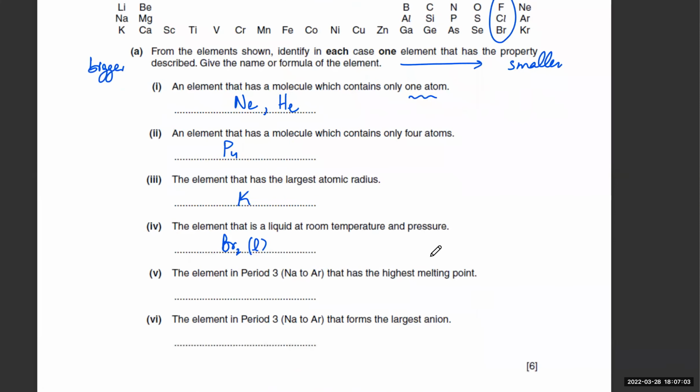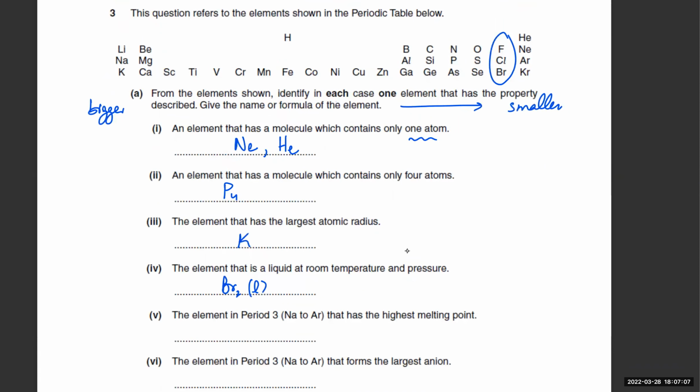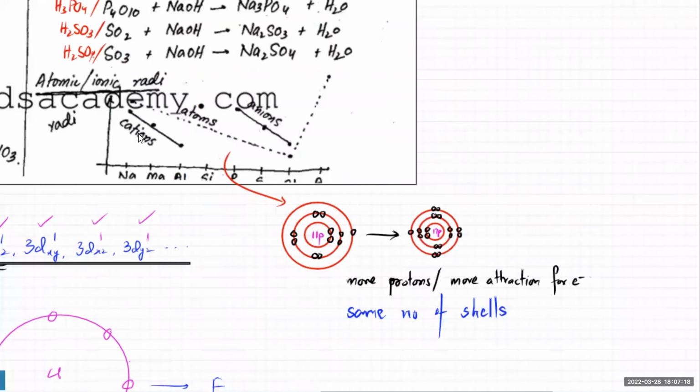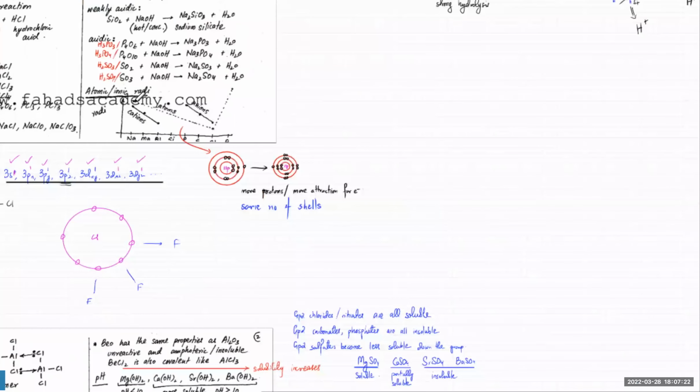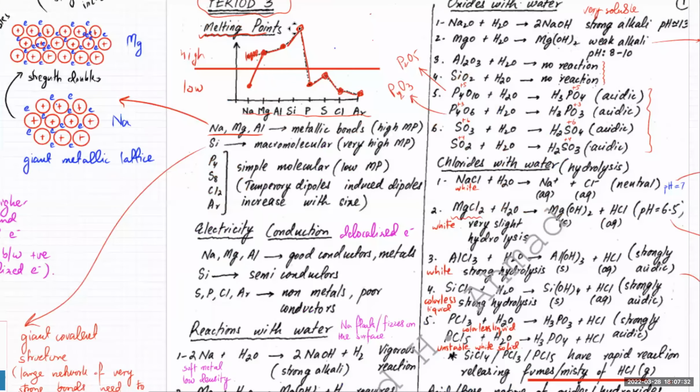The element that has the highest melting point. That's from period 3, which you have studied. It's this one. In this period, which one has the highest melting point? सबसे highest किसका है?